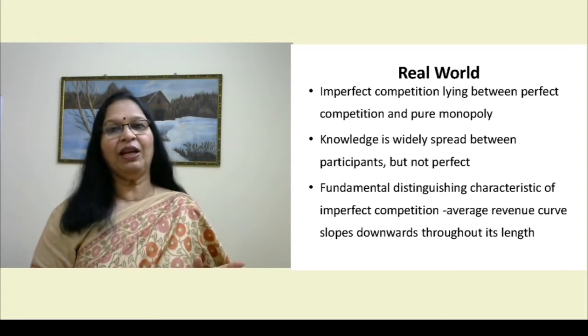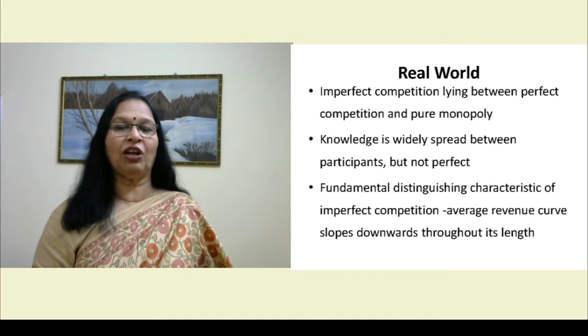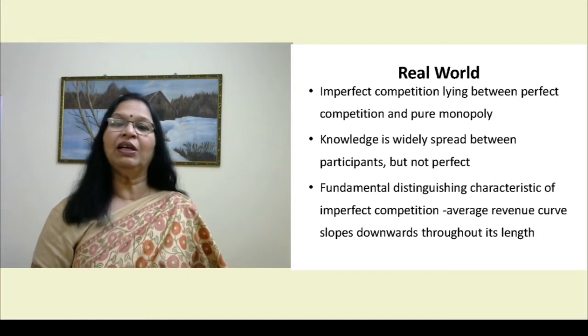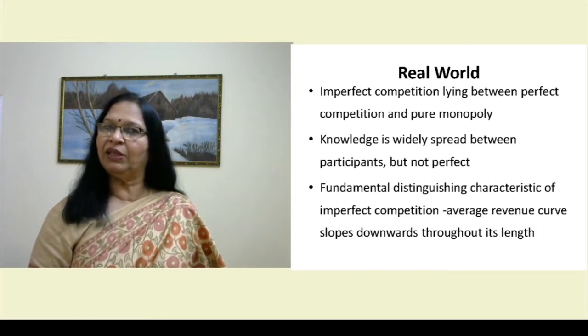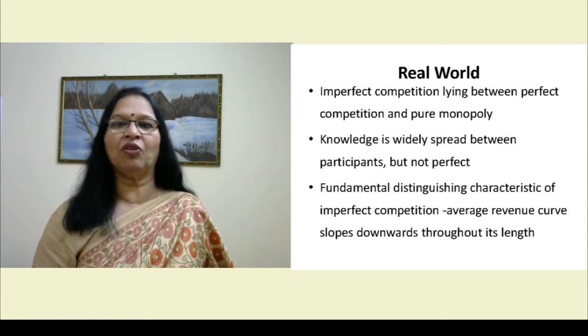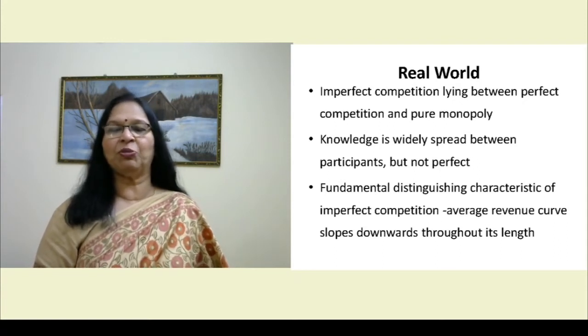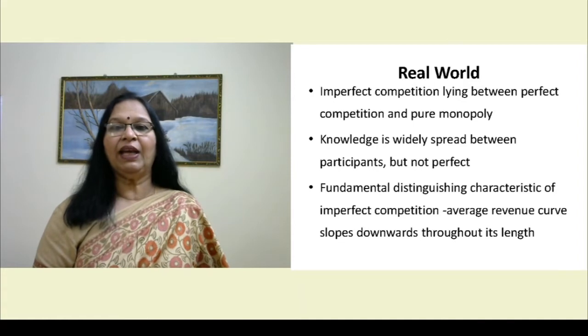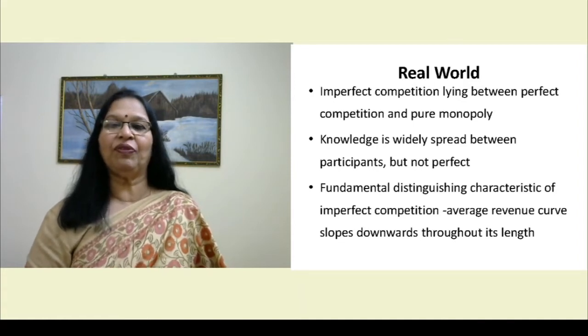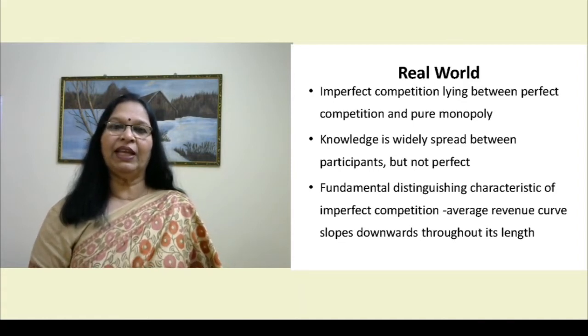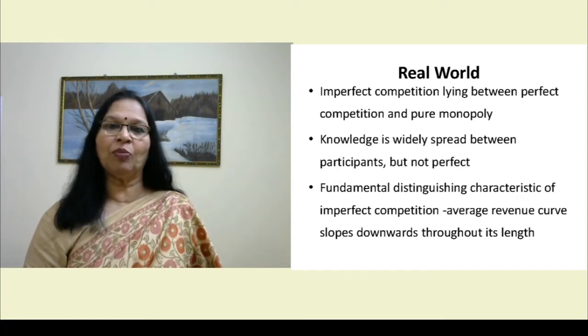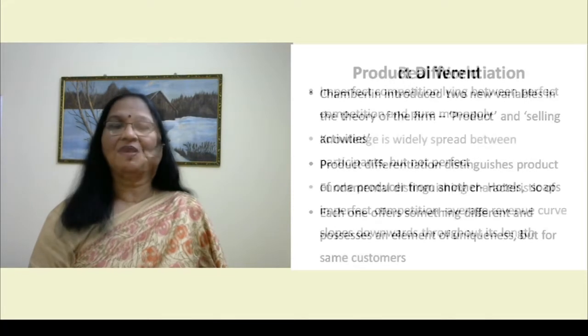So there we assume that there is perfect knowledge among the firms. Here, that perfect knowledge is not there, but there is a spread of knowledge between the firms. The other distinguishing feature happens to be that the average revenue curve of the firm is downward sloping throughout its length.